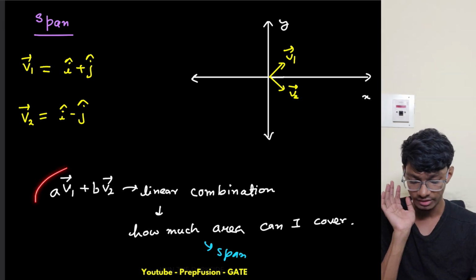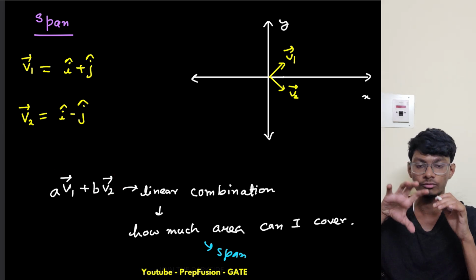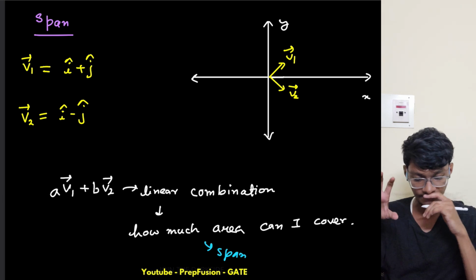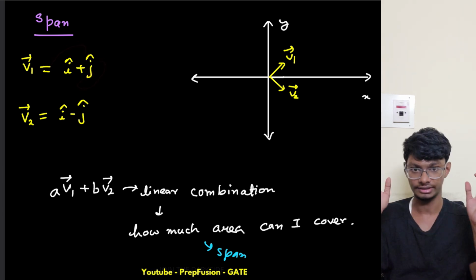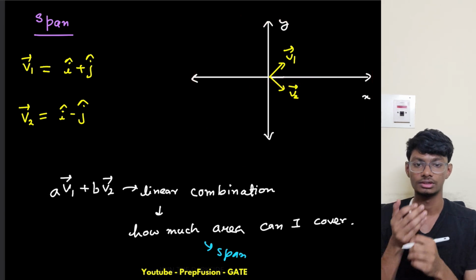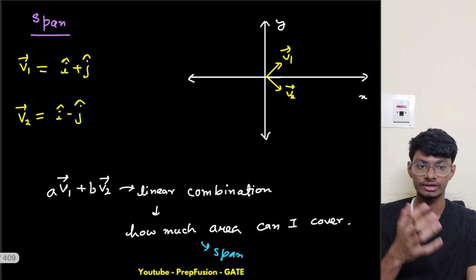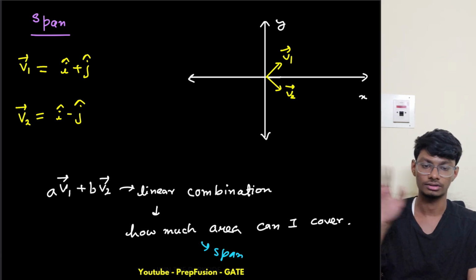Why? Because for any values of a and b, I am varying a and b. So i and j can be any value, and this whole 2D plane can be covered. For any values of a and b, we can reach anywhere in the ij plane.